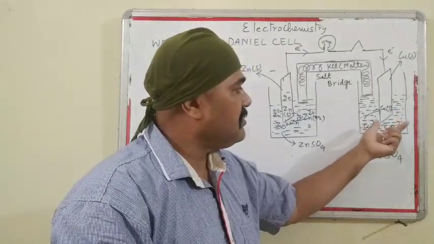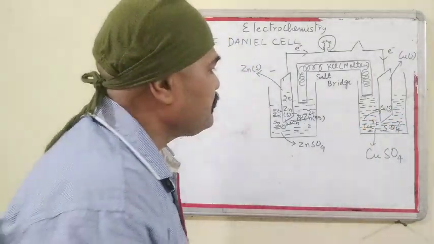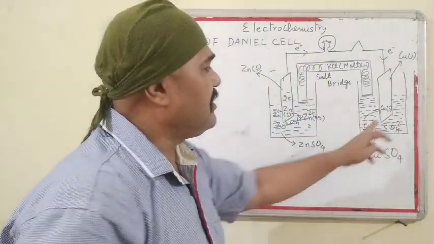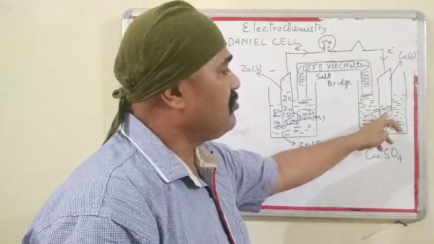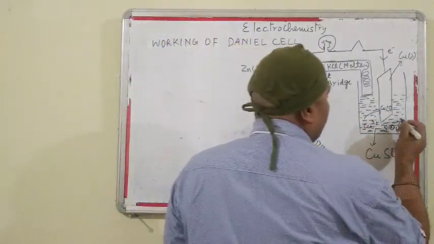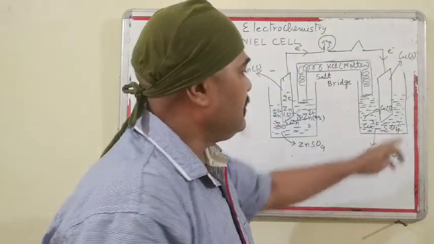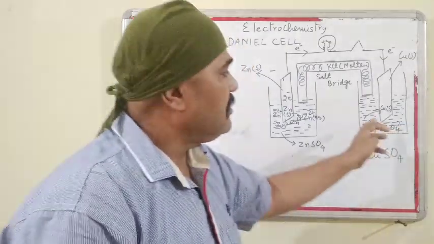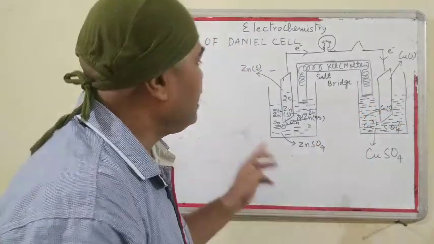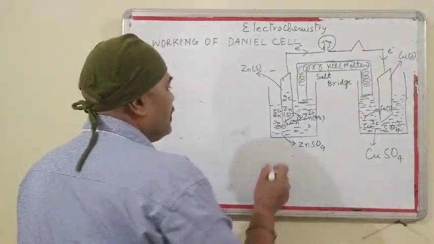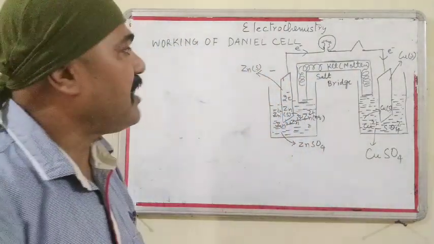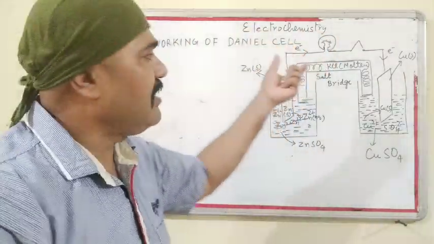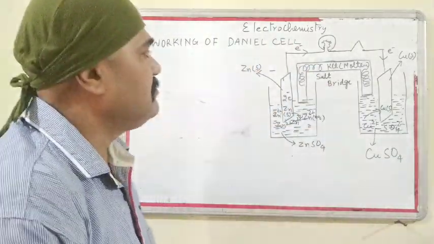The same thing happens in this section, because copper ions migrate to the electrode and deposit as solid, and the free sulfate ions create hindrance in the reaction. Ultimately the reaction stops within a fraction of a second. The bulb may spark for a fraction of a second, and then switch off.